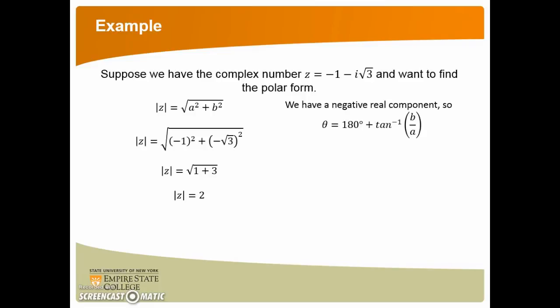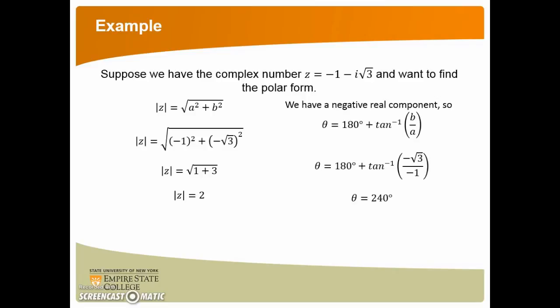Now let's find the angle theta. Note that the real part of the complex number is negative. Therefore, theta equals 180 degrees plus the inverse tangent of the ratio of b to a. Plug in our values.